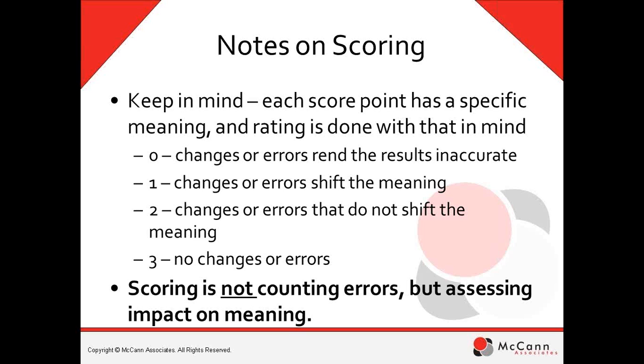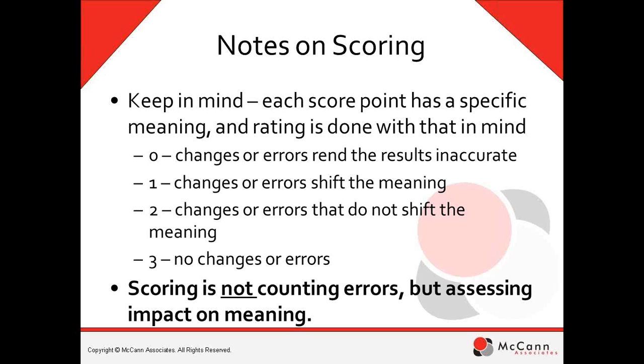Now, we consider some general notes on scoring and applying scores to the items. During your scoring, keep in mind the following. Each score point has a specific meaning, and all rating is to be done with that meaning in mind. A score of 0 indicates that there are changes or errors which render the results inaccurate.